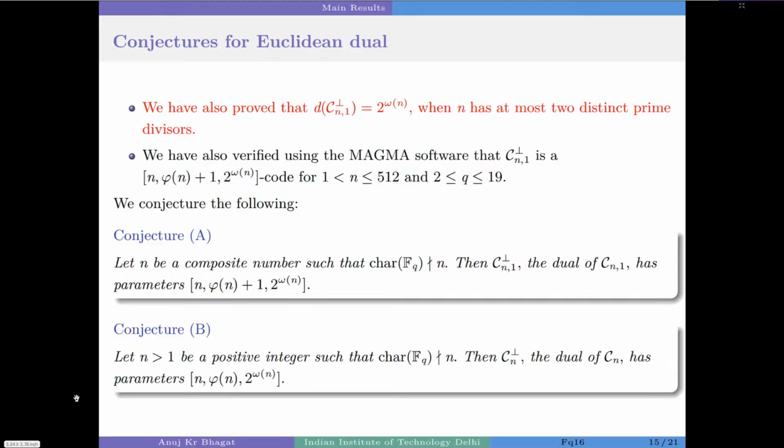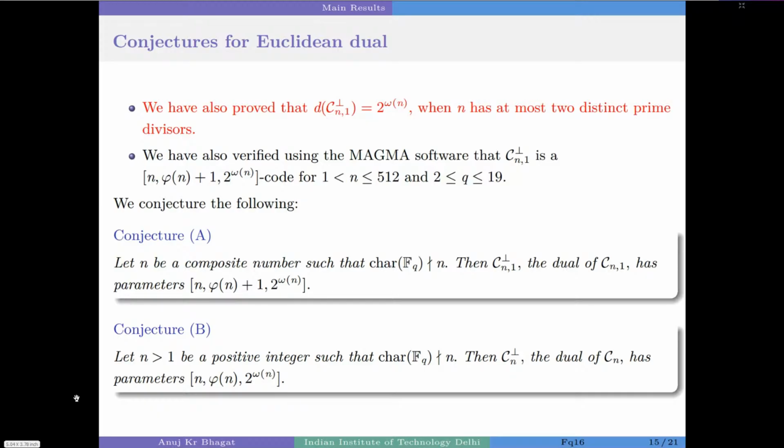And similarly, I have conjectured the same thing for the dual of Cn, which also has distance exactly 2 to the power omega(n). If you can prove both of these conjectures, it will complete all the information about the cyclic codes generated by Qn(x) and Qn(x) times Qn1(x).